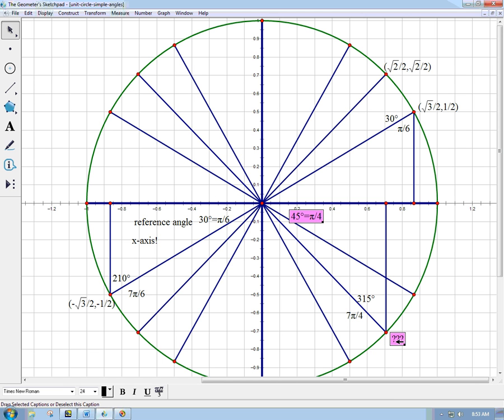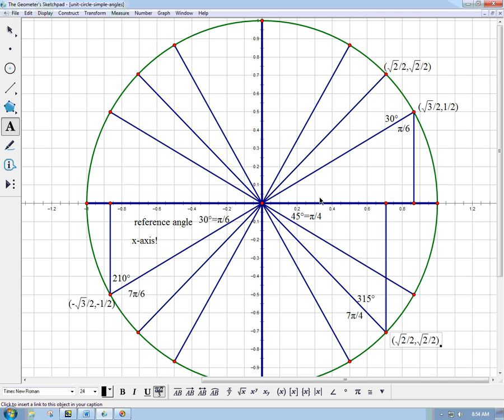That means that whatever these numbers are, except possibly for the signs, they're going to be exactly the same as the triangle up here. So all we have to know is 45 means root 2 over 2, root 2 over 2 in the first quadrant. And we know that that's going to give us the same thing, root 2 over 2, root 2 over 2. But then we just have to fix the signs.